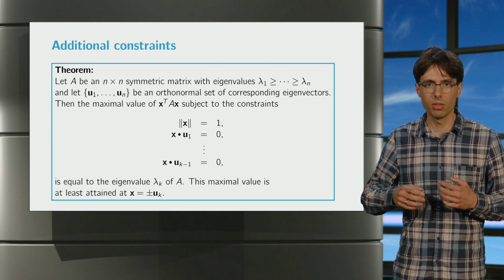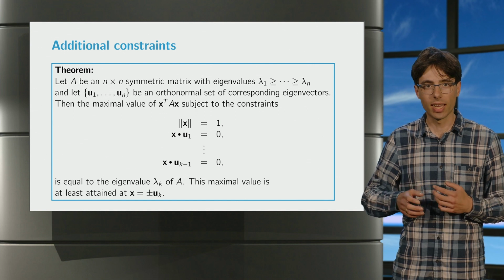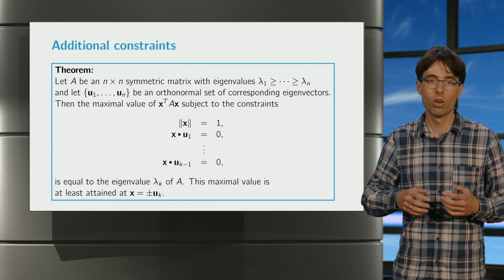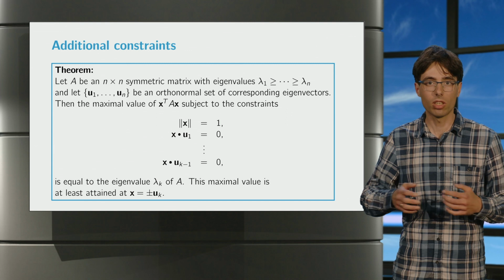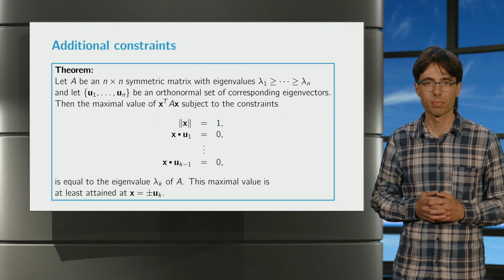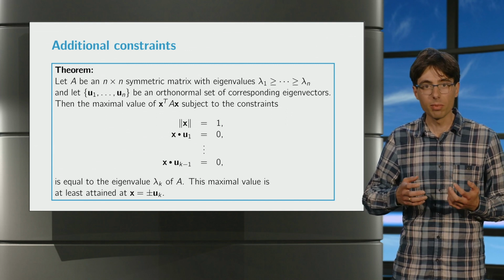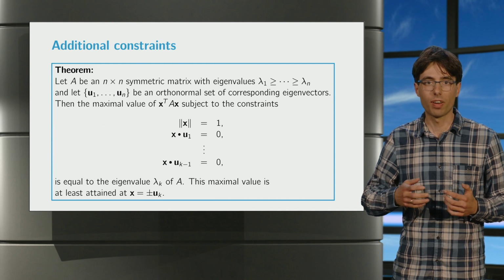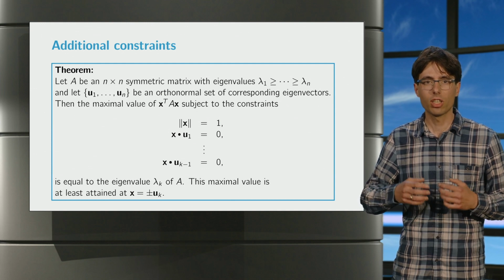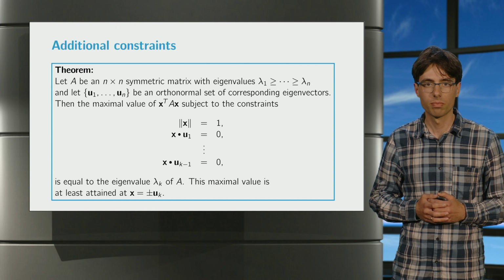This maximal value is, at least, attained at the eigenvector uk or -uk, but it might also be attained at other vectors. Of course, the minimal value remains the same, as the final eigenvector satisfies all additional constraints.